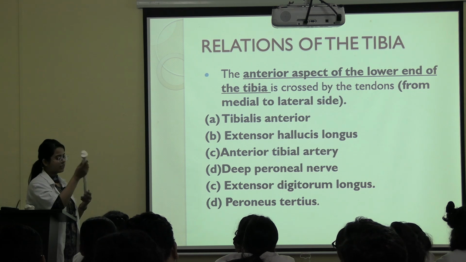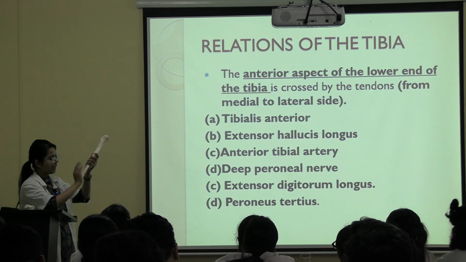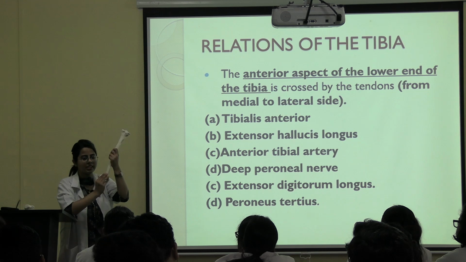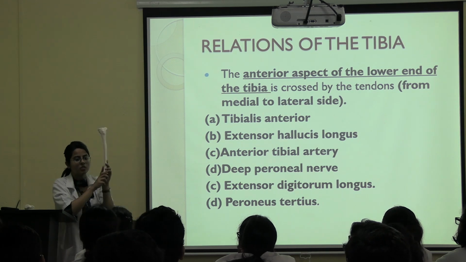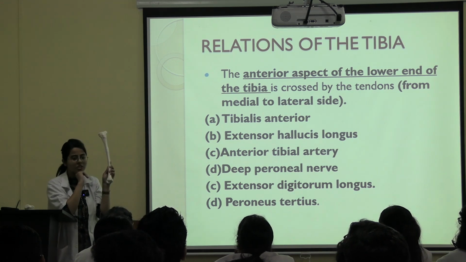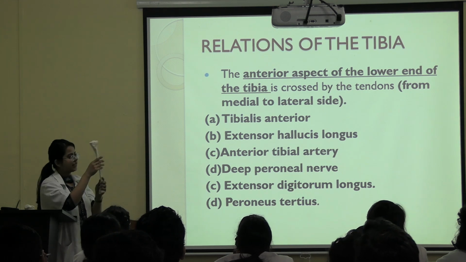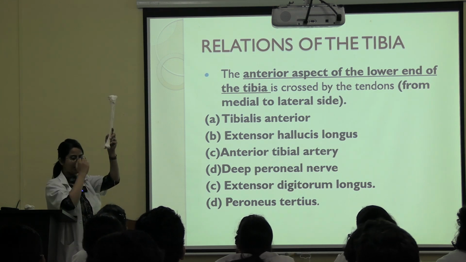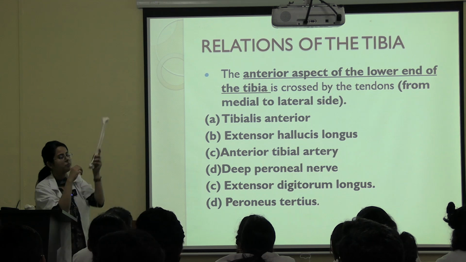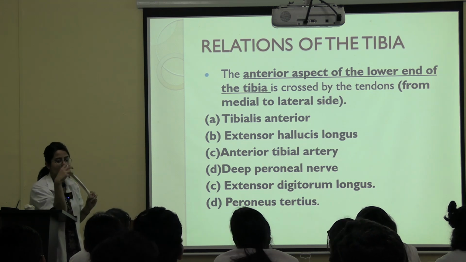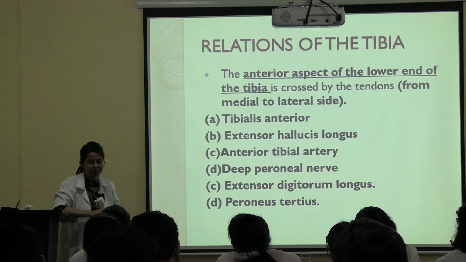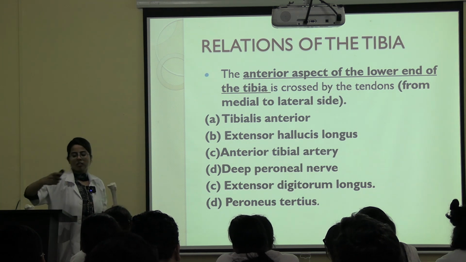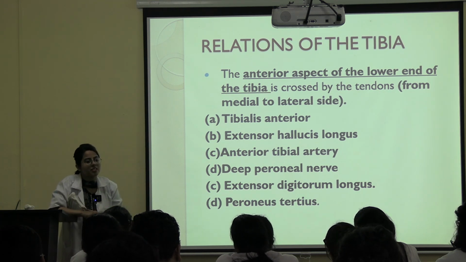Both anteriorly and posteriorly, the lower end is crossed by some structures. So this is the anterior part of the lower end. Anteriorly from medial to lateral, it is crossed by tibialis anterior. So here will be extensor or flexor?